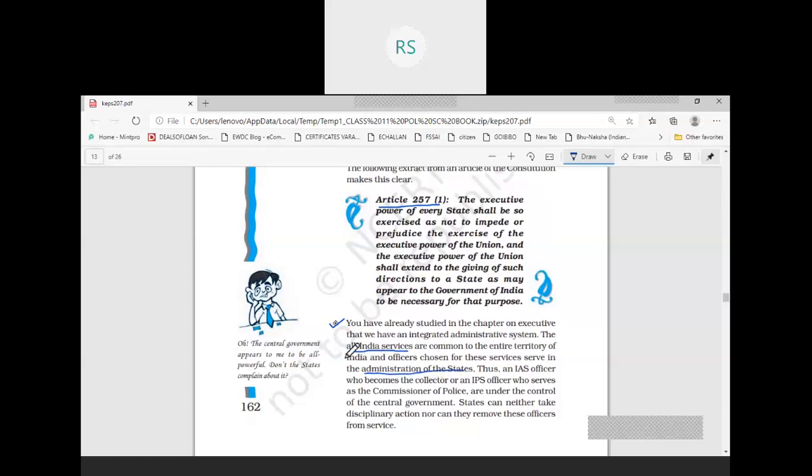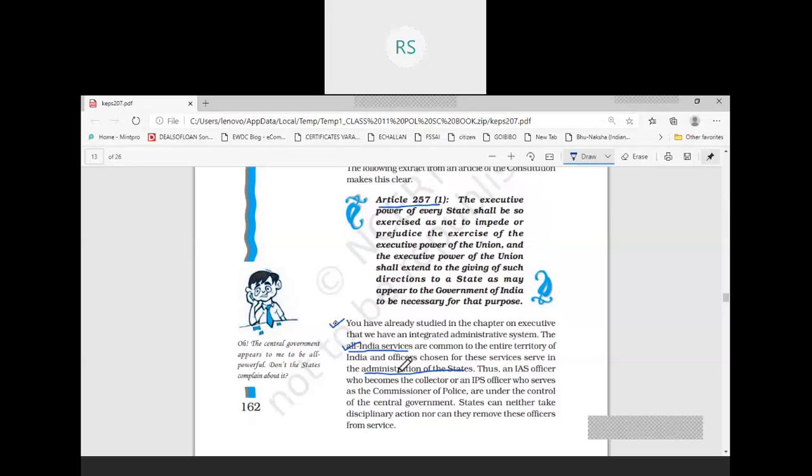They are selected through a lengthy process, and this selection is done by the Union Public Service Commission, which is centrally organized.